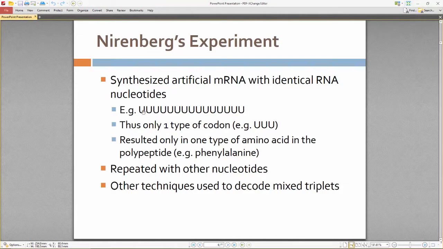In general, if you only have one type of codon, then it only results in one type of amino acid in the polypeptide. He also repeated this with other nucleotides, and he used other techniques to decode mixed triplets. So if this is just a UUU, then if there's a UCU, that's a mixed triplet.